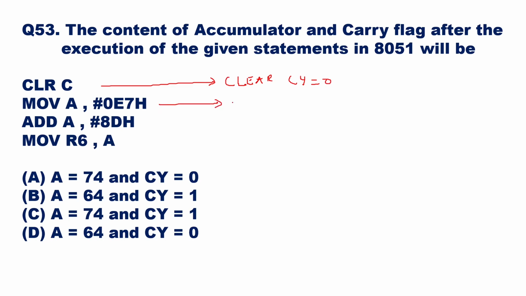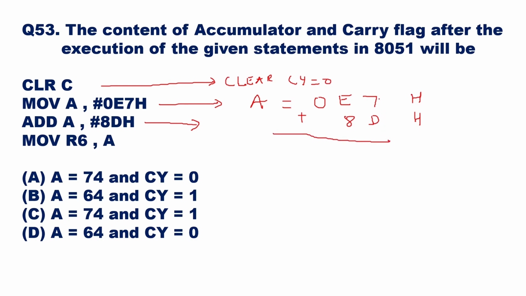So the accumulator will be having 0E7, this is in hexadecimal. Then we have ADD A with 8DH. So you're going to add A with 8DH. Now what will be the addition?